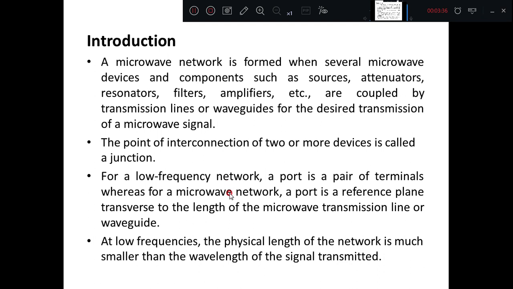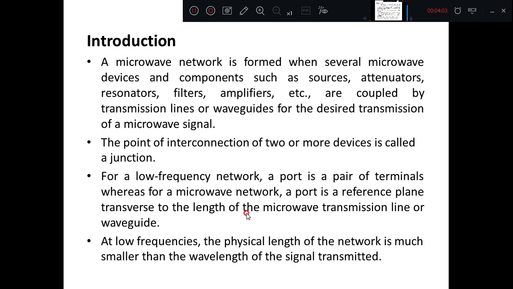So for a low frequency network, a port is simply a pair of terminals, whereas for a microwave network, a port is a reference plane. This is very important. For a microwave network, we have to consider a reference plane which is always perpendicular to the length of the microwave transmission line or waveguide.